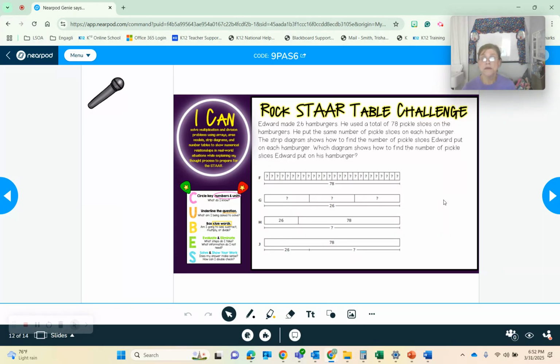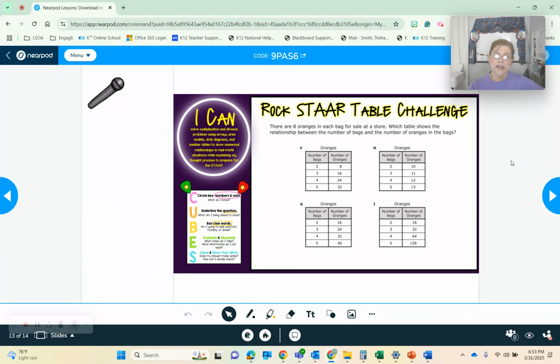Which diagram shows how to find the number of pickle slices Edward put on the hamburger? So think about what this question is asking you. All right, break it down, identify the important information. Think about what this question is asking you to do. I'm not going to tell you. I want you to think. Stop and think.